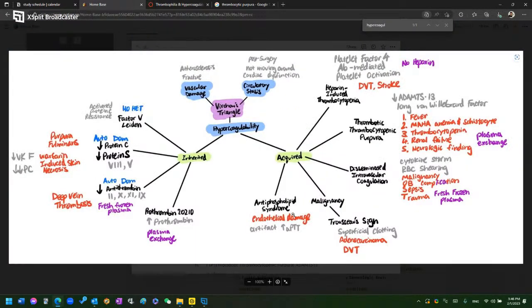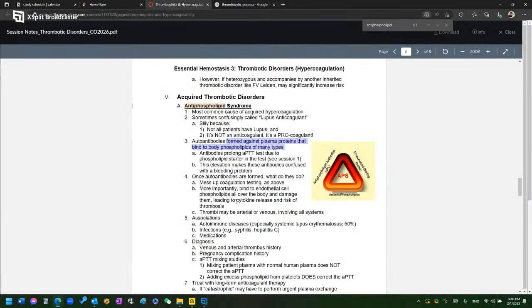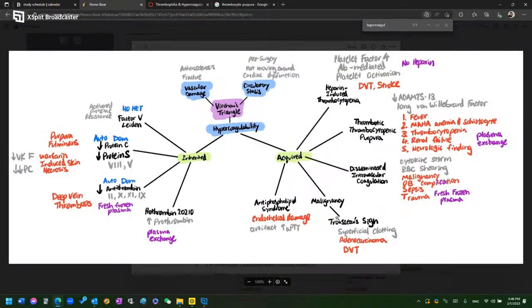You just have a ton of autoantibodies binding to your endothelium and causing thrombosis. So I want to say almost all of these are inflammatory. The only one that's not inflammatory is thrombotic thrombocytopenic purpura. That's the only one that's very specific. Everything else is related to antibodies and autoimmunity.